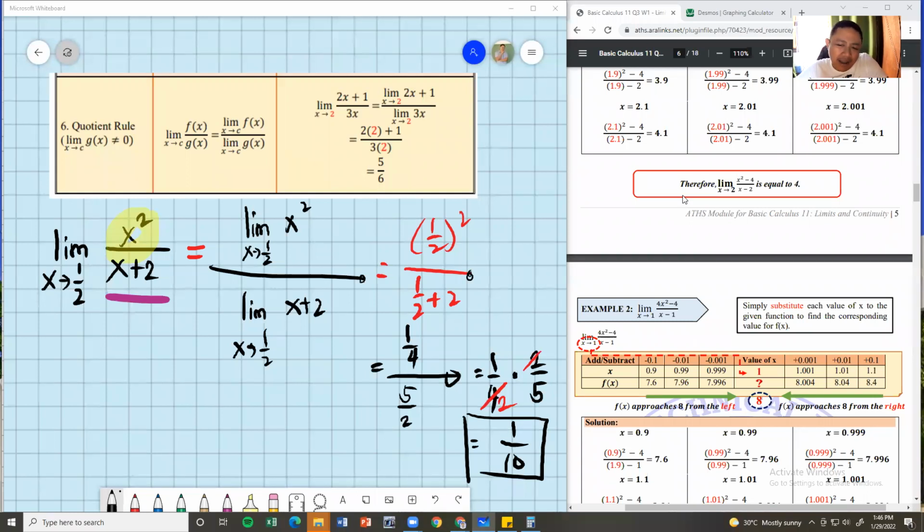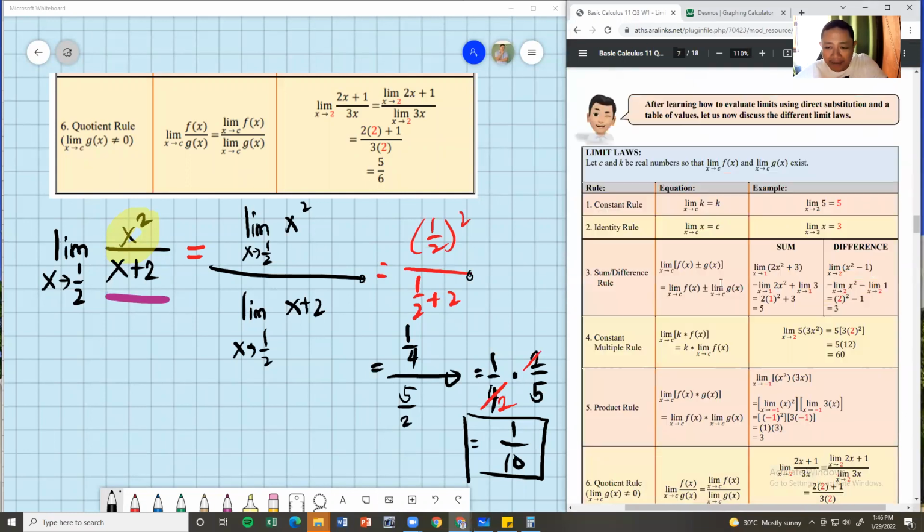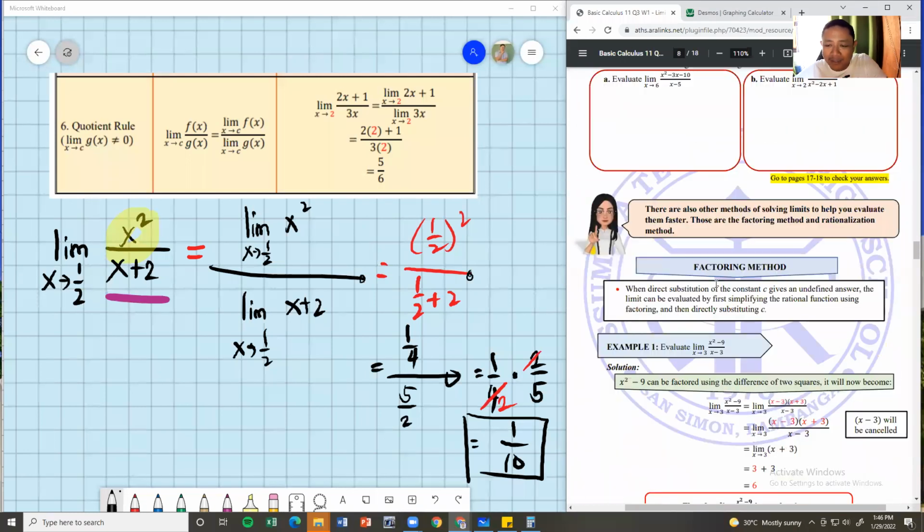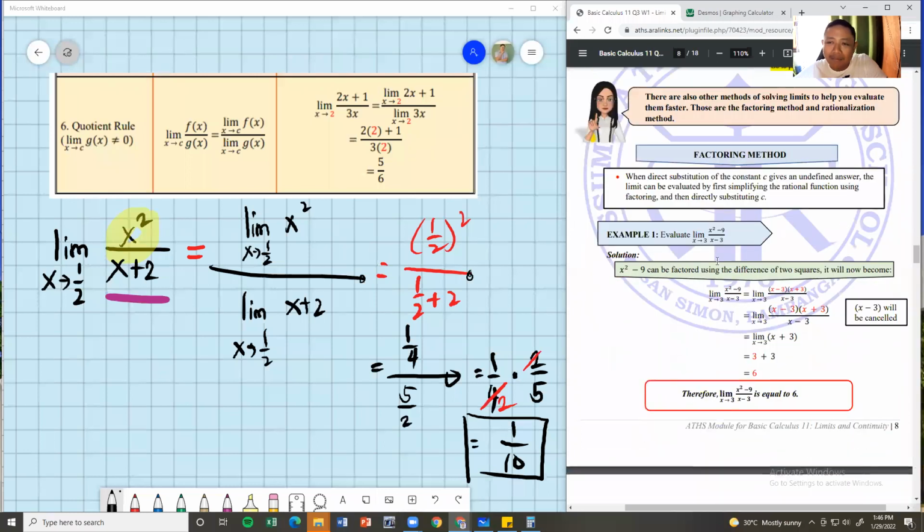Ang tagal ginagawa kasi it takes too much of my time to solve it kasi ang dami mong isa-substitute. Where in fact, there is a simpler process. Do you want to learn that simpler process? Show me your reaction if you want to learn that simpler process. Instead of doing the table of values, merong mas madali. And that process is called the factoring method.